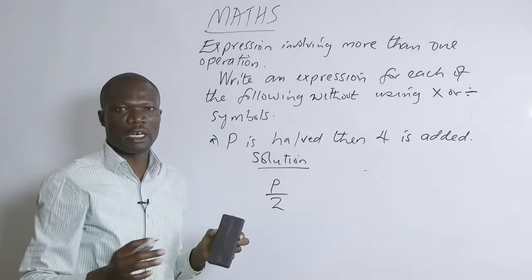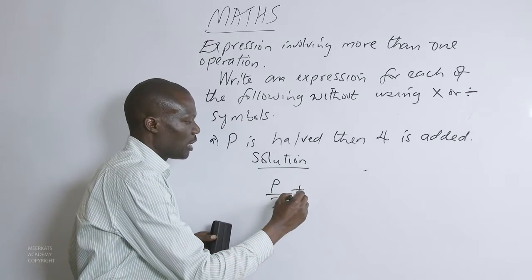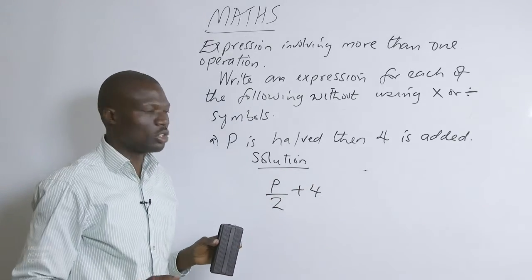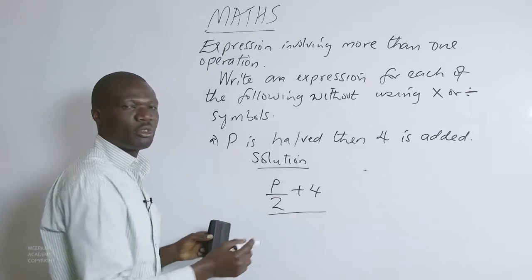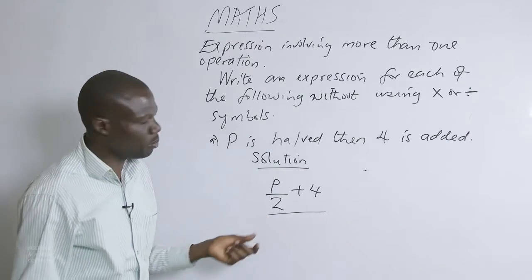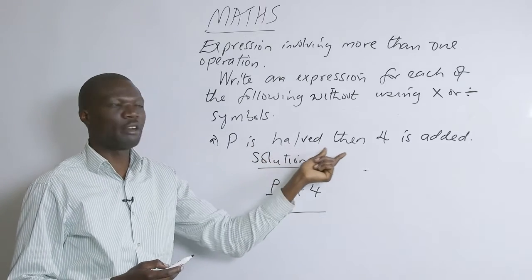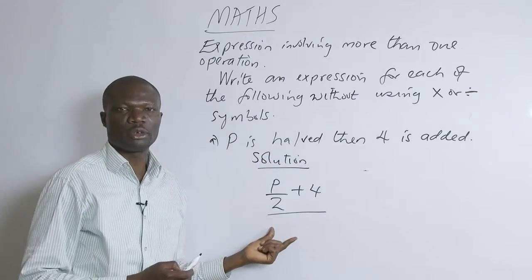Then 4 is added. So to the result, P over 2, we shall add 4. So this forms the expression of P being halved, then 4 added. That's what we have.